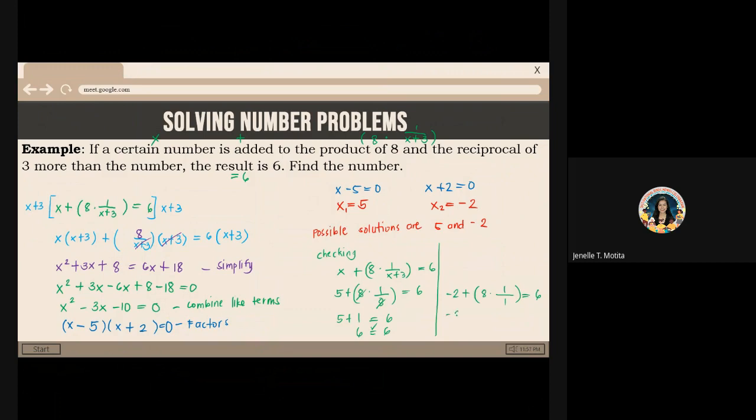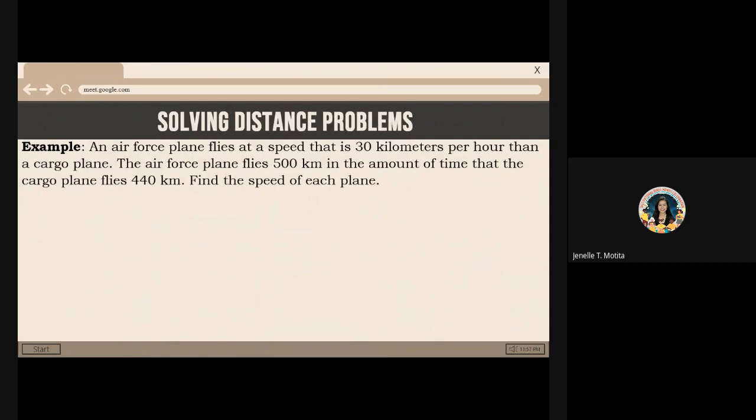And let's simplify. Negative 2 plus 8 times 1 over 1, that is 8. Negative 2 plus 8, is it equal to 6? And negative 2 plus 8 is 6. And that is correct as well, our second solution. So, in this number problem, we got two possible solutions, and those are 5 and negative 2. Ayan.